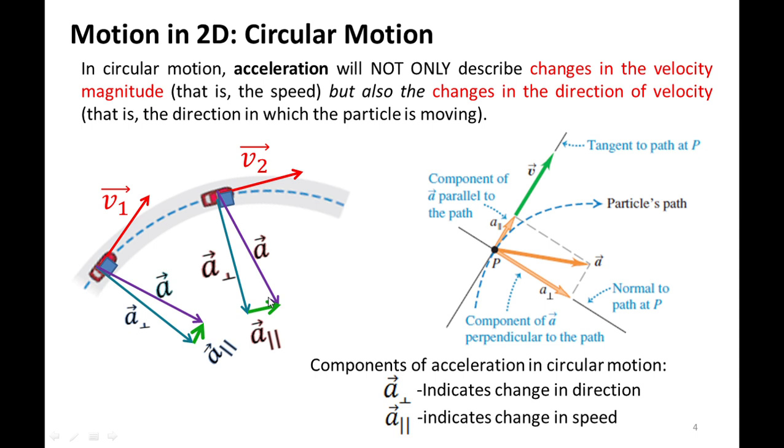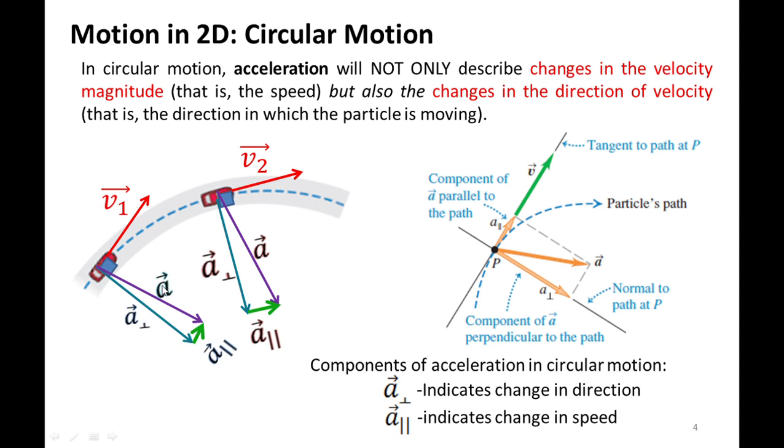And just like in our discussion on vectors, here we can notice that the acceleration now has two components. One component is the acceleration that is perpendicular to this velocity, and one component is this acceleration which is parallel, or in the same direction, as this velocity.